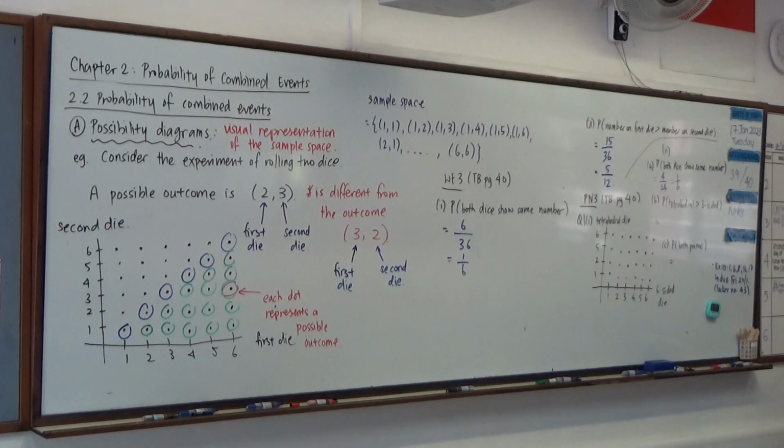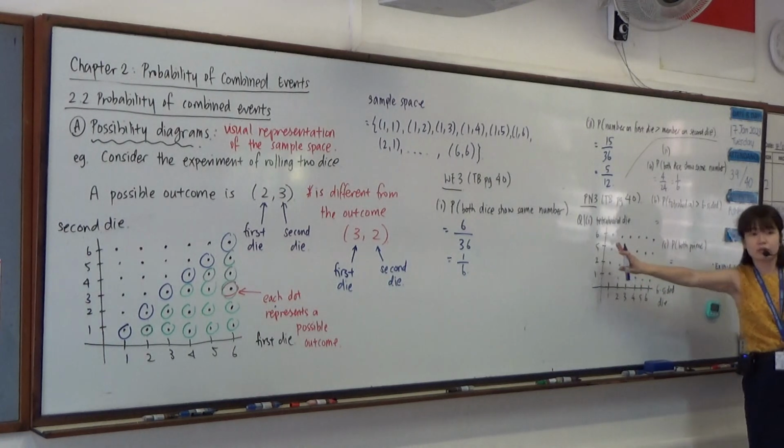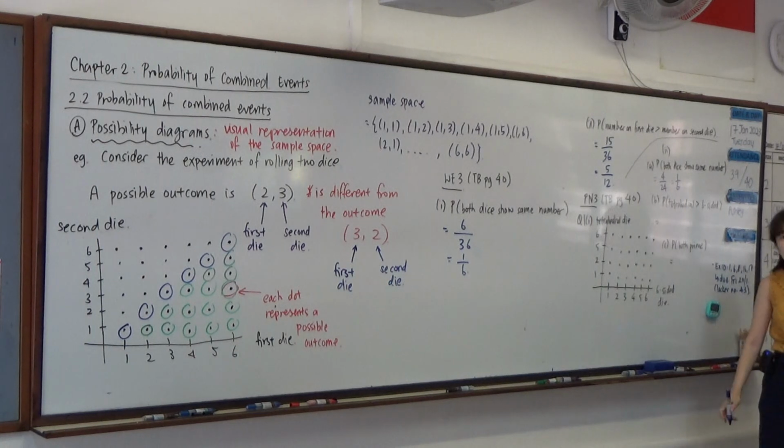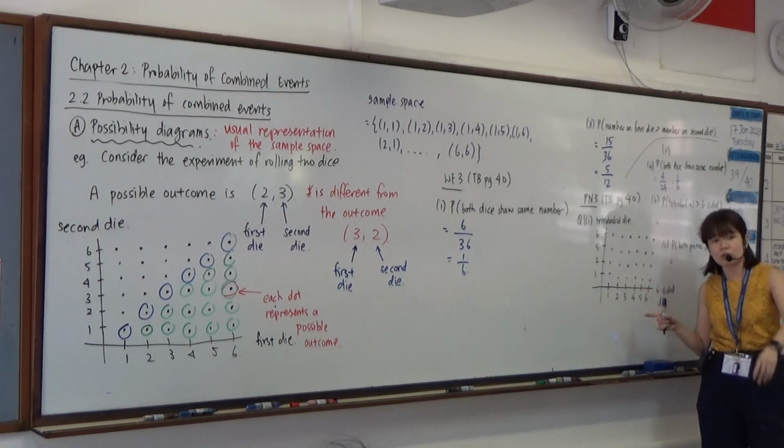What's your answer for part B? Haven't done? Okay, so can you count for me now? What are the dots where the tetrahedral die has a bigger number than the 6-sided one? You do a count, you drew it, right?